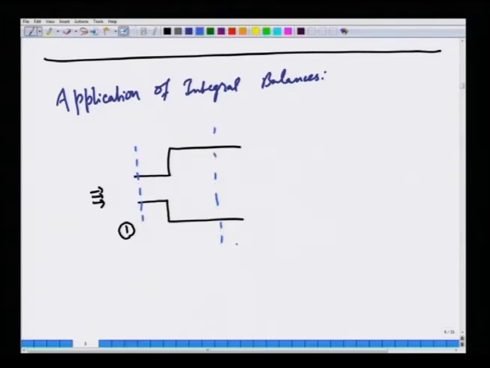Whenever you have an expansion, there are losses, because not all the energy that you put in by virtue of, let us say, a pressure drop goes into pushing the fluid in the flow direction. There are recirculating zones, which are there because of the sudden expansion, which cause additional losses. Such losses are called expansion losses.